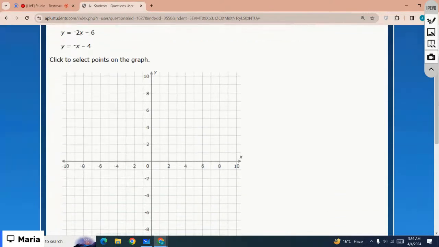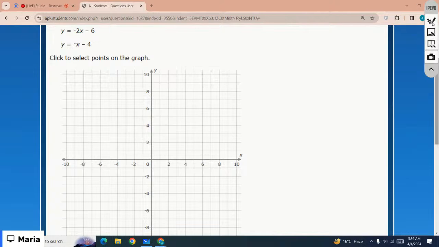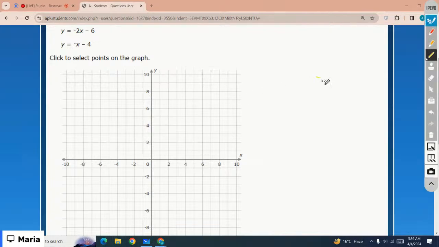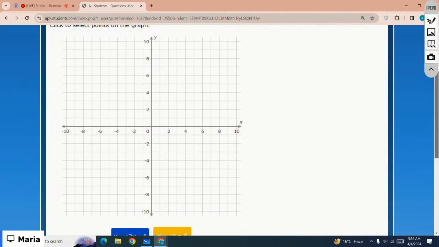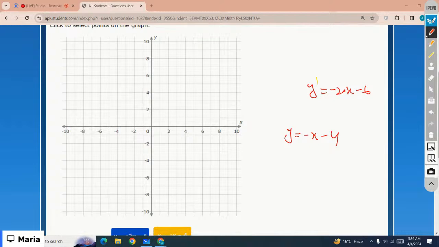Okay, let's look at this one. Y equals negative 2x minus 6 and y equals negative x minus 4, right? Okay, let me find points and slopes from here, right? So from this equation, the y-intercept is negative 6, that is 0 and negative 6. And the slope is negative 2, right?